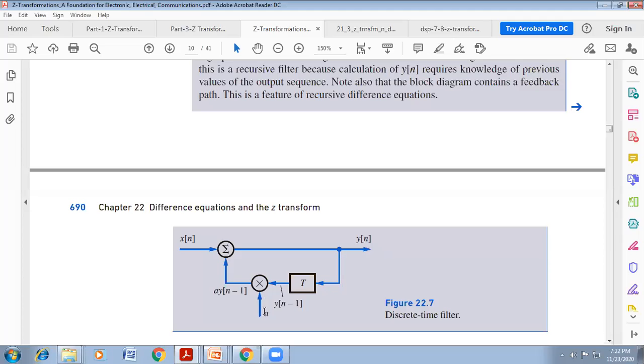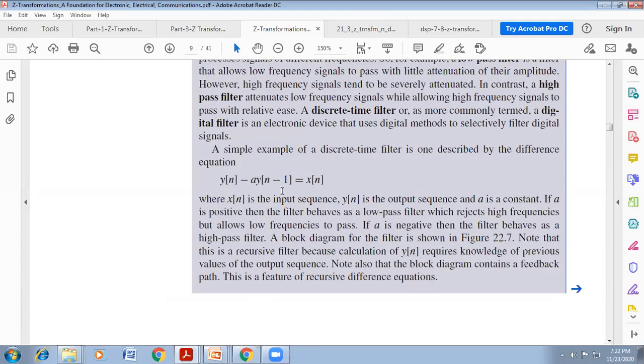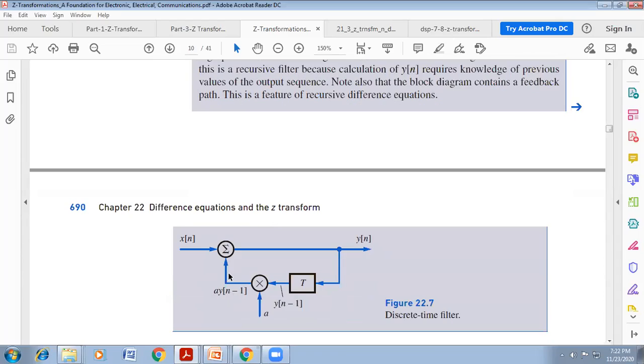This will be in a negative way, minus a y[n minus 1]. This is why this passes to this and this passes to this, not going. If going, it would be positive. So the coefficient of y is negative, which is why it comes to this summation.